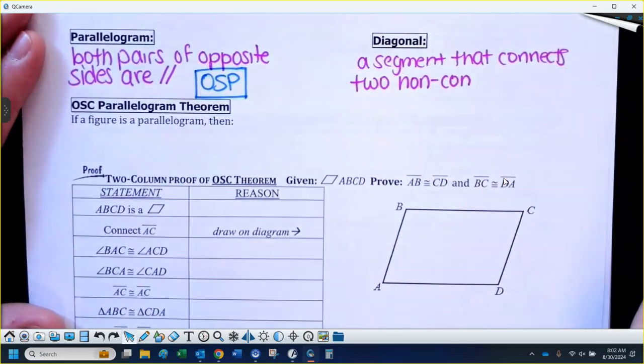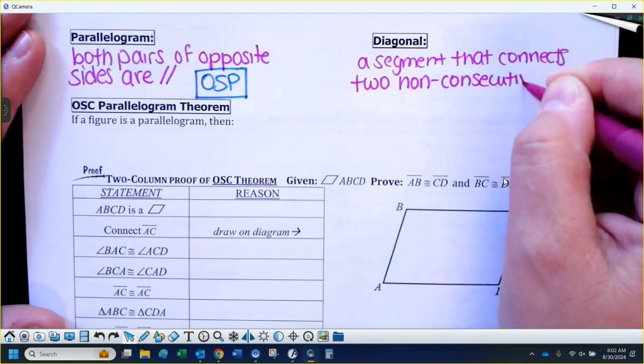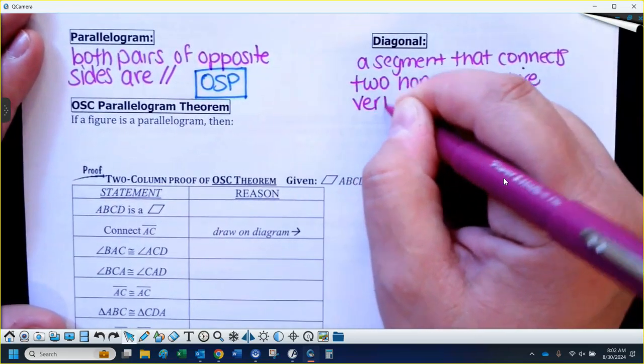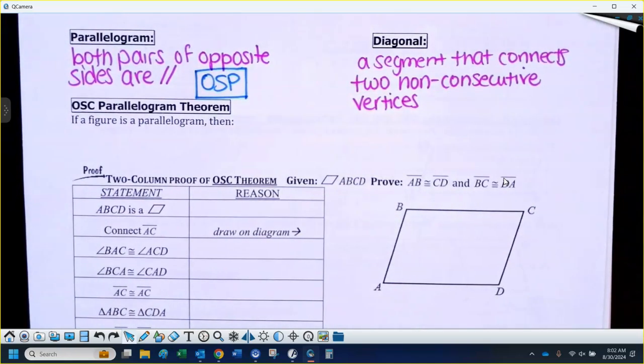So basically not next to each other. They have to be across from each other to get your diagonal.